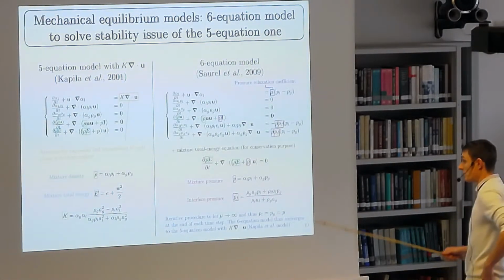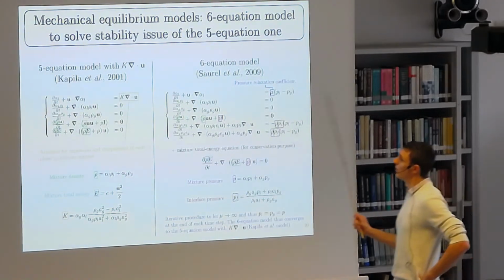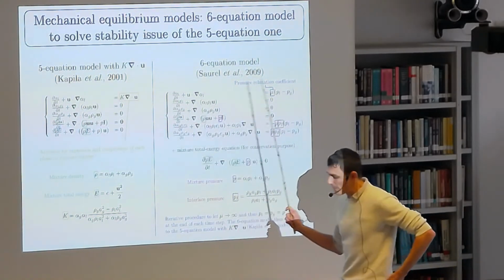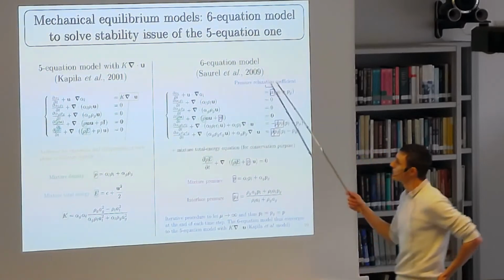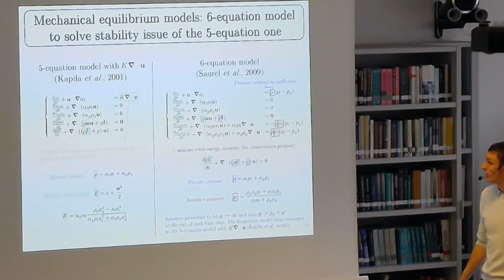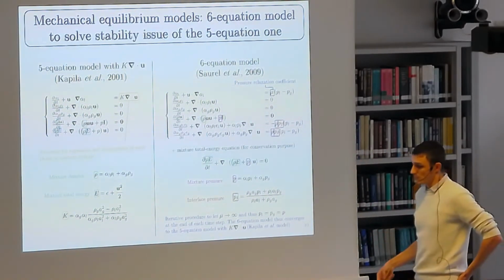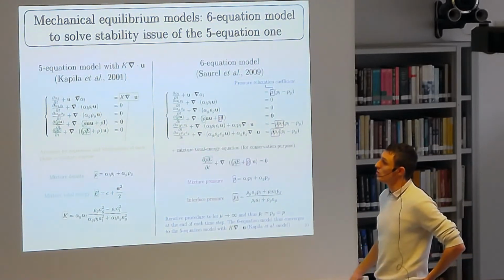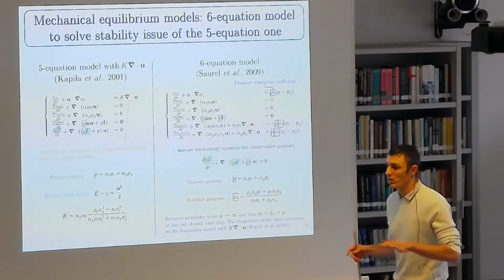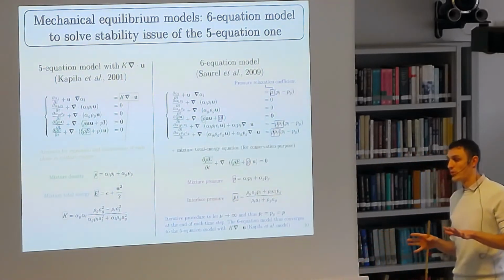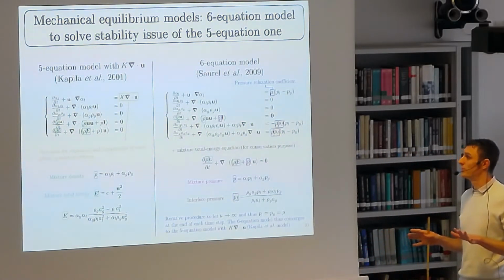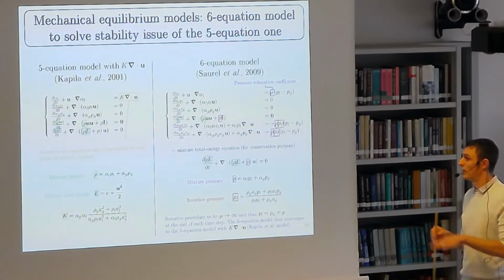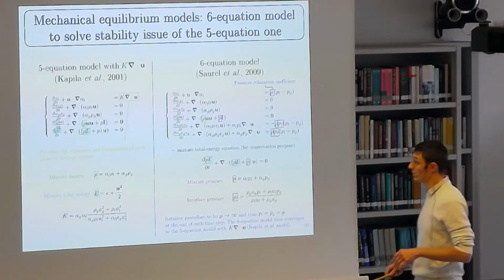So I talked about the 5 and 6 equation models, right? Why do we use the 6 equation model initially? If we want to treat an interface problem, you want to make sure that the pressures and the velocities are the same at the interface, unless you have some surface tension.